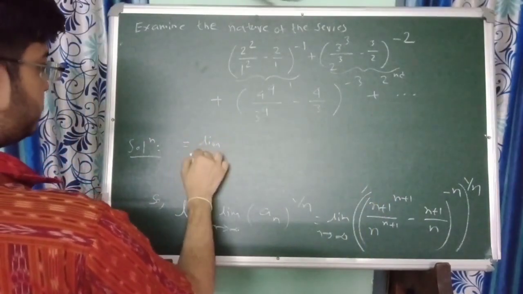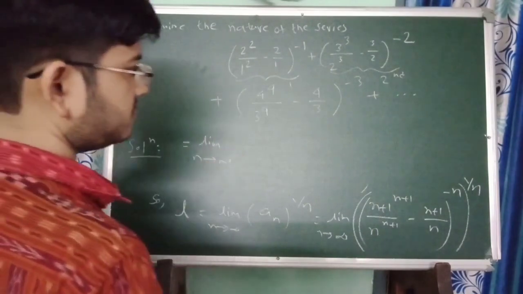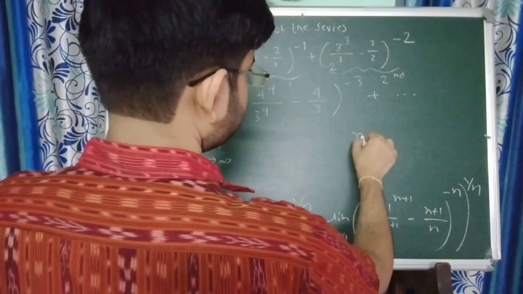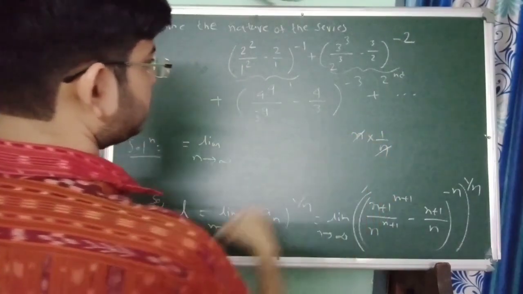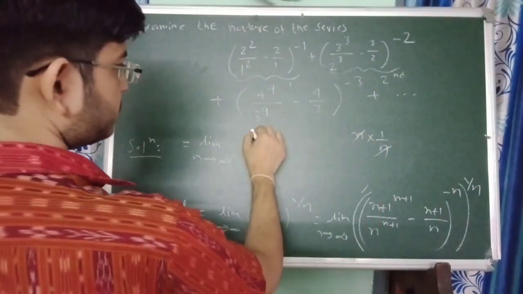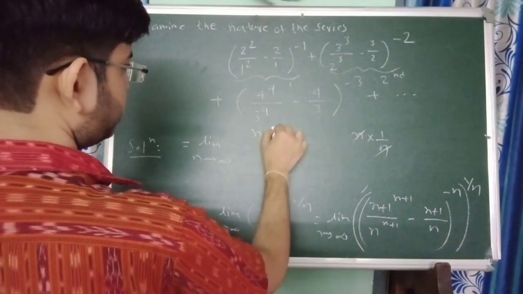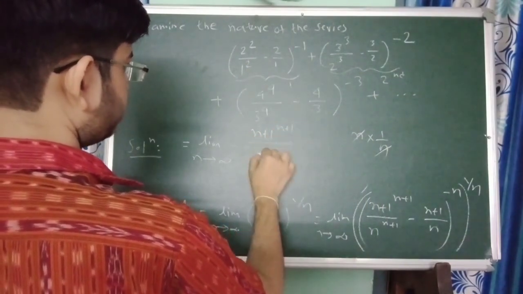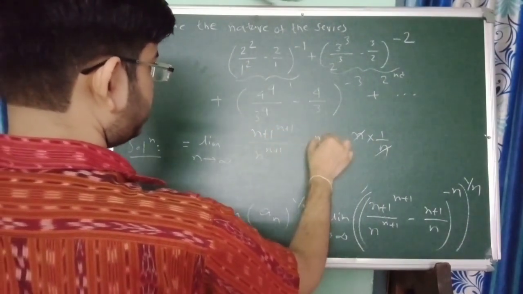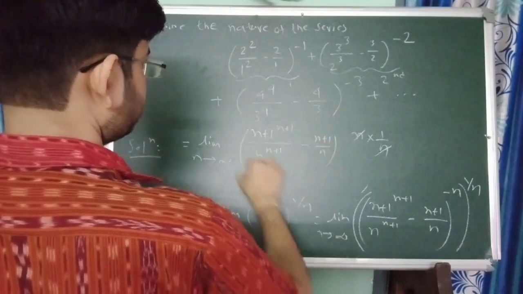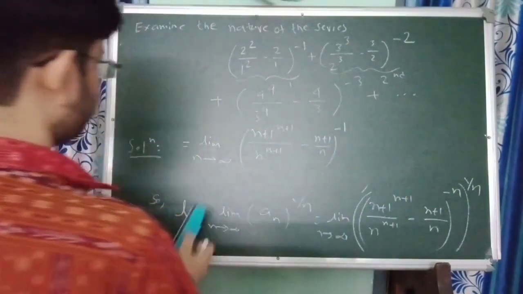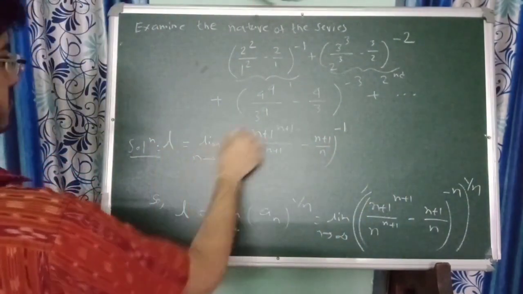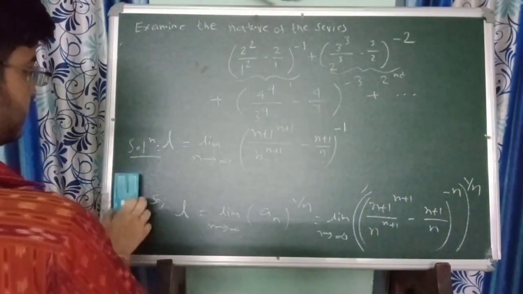This equals limit n tending to infinity; the power n into 1 by n, cancel n by n. So the remaining portion is (n plus 1 divided by n) to the power n plus 1 minus n, into (n plus 1 by n) to the power minus 1. So simplify this expression.